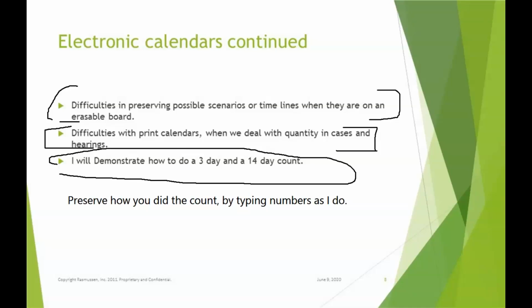If you preserve what you did so it can clearly be checked, the lawyer can just make adjustments and say, no, we have to give 7 days on this and 30 days on this. Or if it is 3 days and 14 days on the short notice and the long notice. And if you didn't count it right, it's easy to tell because you're typing the actual numbers of the count over to the right of your Excel sheet.